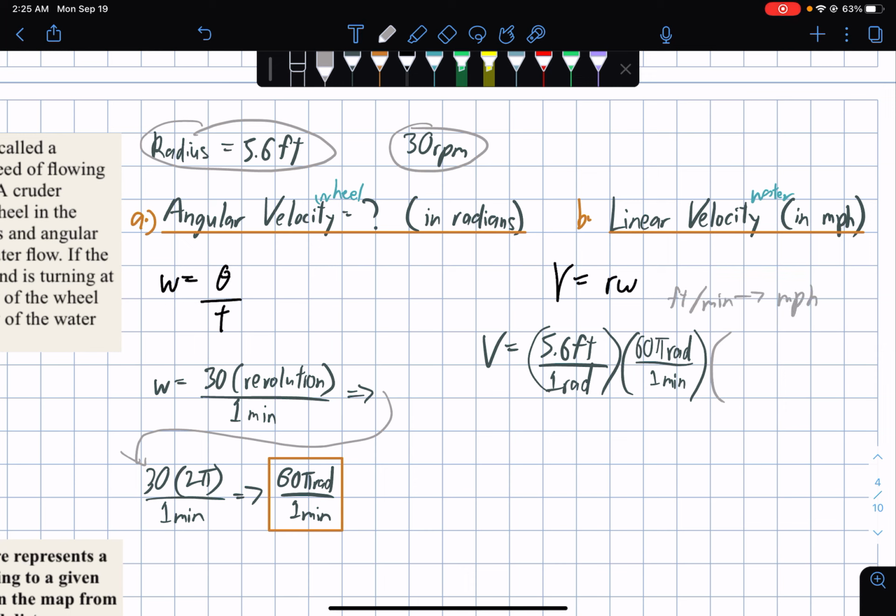Cancel the centimeter unit. 4.33 over 1 times 400 over 1. We get 1732 meters. This is the final answer.